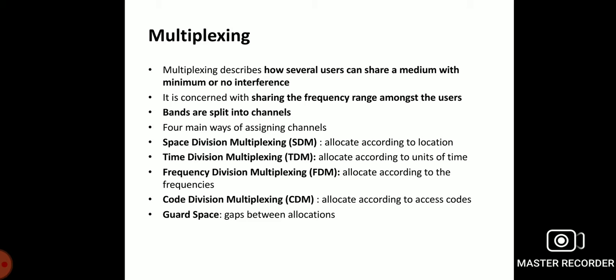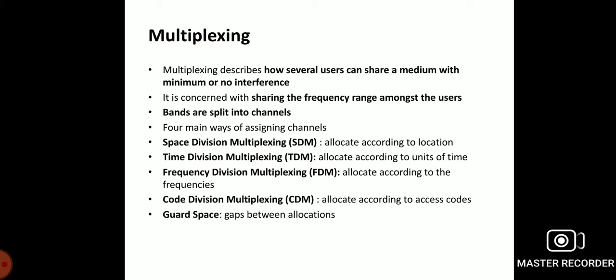The third one, frequency division multiplexing. It allocates according to the frequencies. And finally, code division multiplexing. It allocates according to an access code unique to each subscriber. The guard space of each individual scheme is the gap between the allocations of these individual subscribers in the individual schemes.